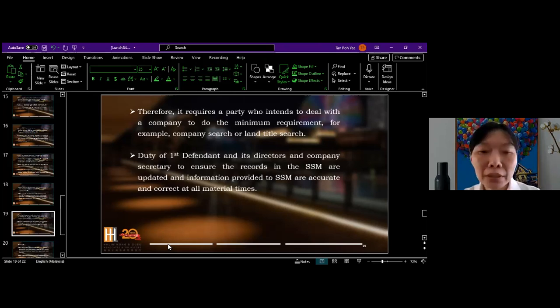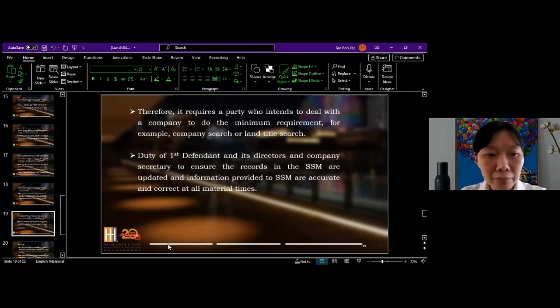So it is the first defendant's duty and the directors' duty to ensure that whatever records in the SSM are updated. It's their duty to update the records with the SSM, and the information as provided by the SSM is accurate and correct. If it's not correct, or if there's any discrepancy, it is their obligation to make it correct, not the outsider's obligation to have notice.